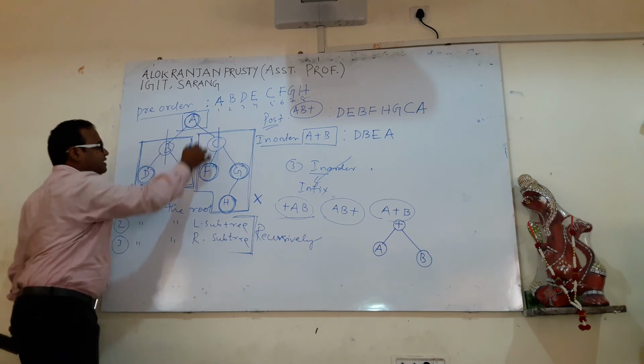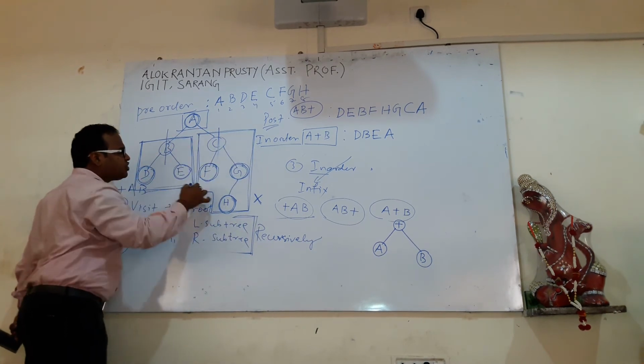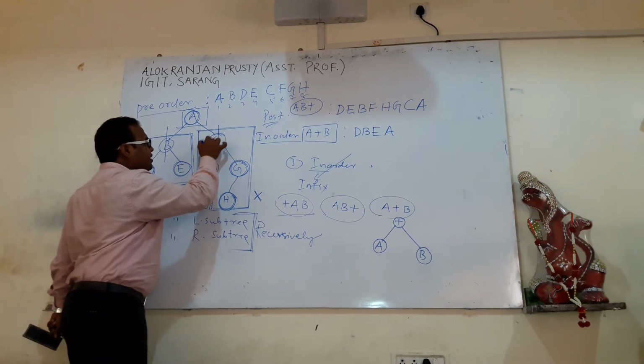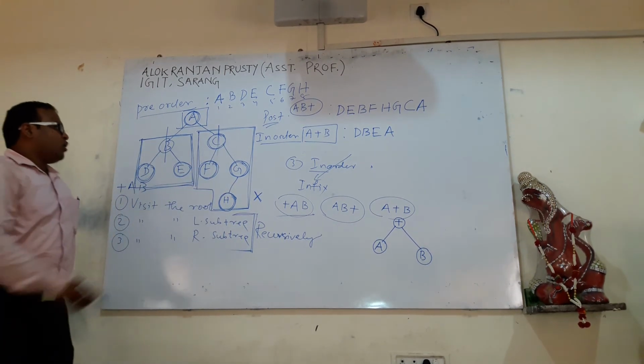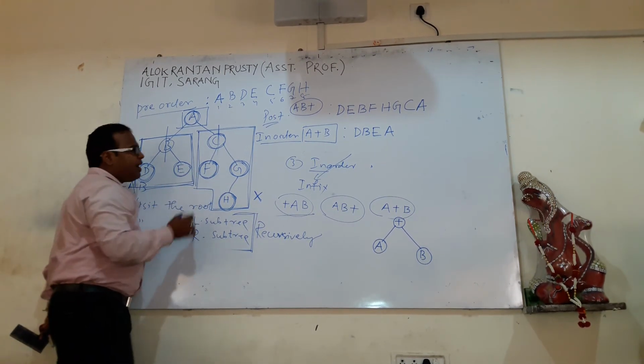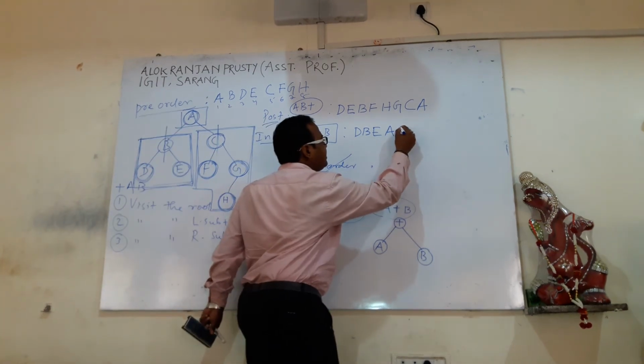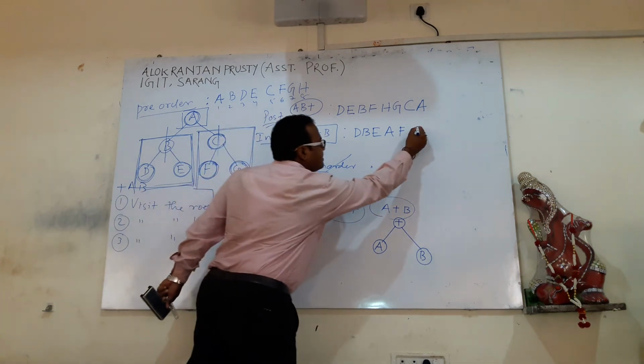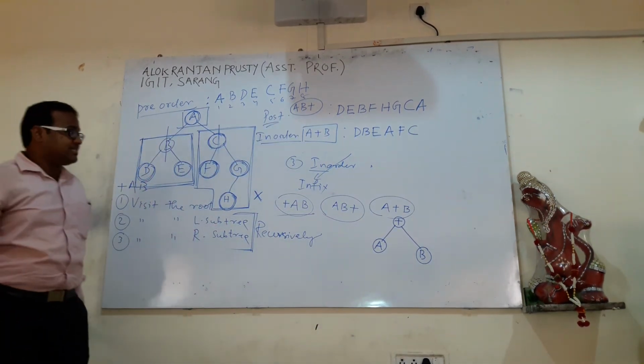Now we are having what? The rightmost tree of the total tree, the right subtree. In this case, we are having a node, that is C. We will start our journey from left part. We will write what? F here. Then after the root, that is C here, isn't it? Yes.